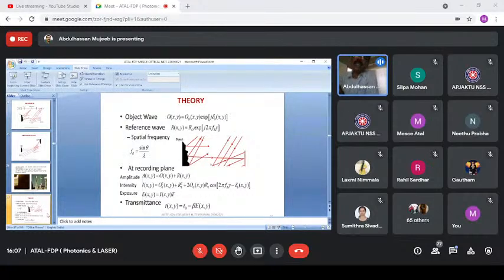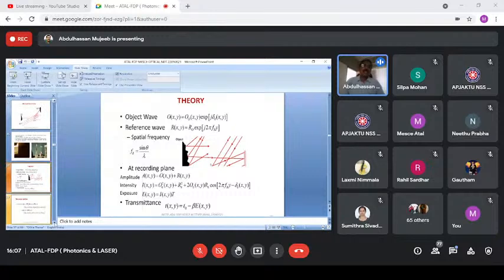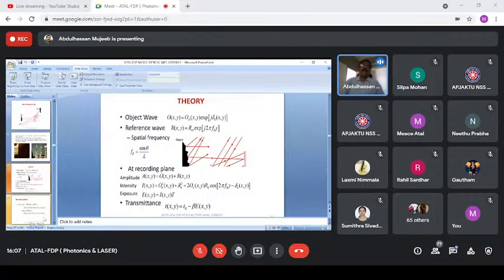You may know the light equations for interference, but for a hologram, we can represent the object wave as an equation and the reference wave as an equation. At the recording plate and transmitting plane, we have equations. I'm not discussing those equations in detail. You can refer to some textbooks on holography, which will give you all the theory behind holography.